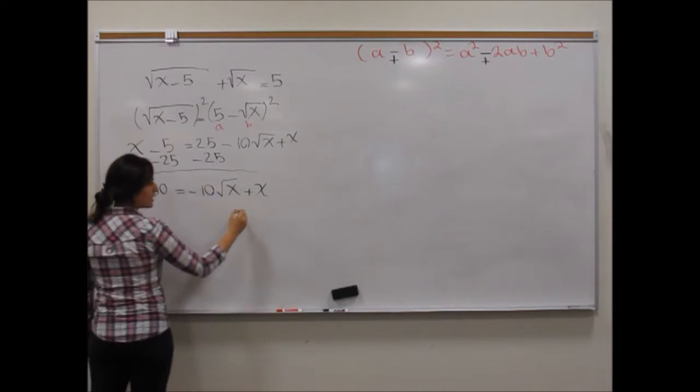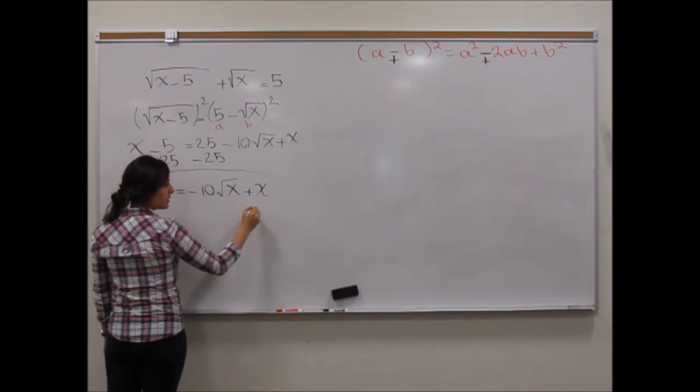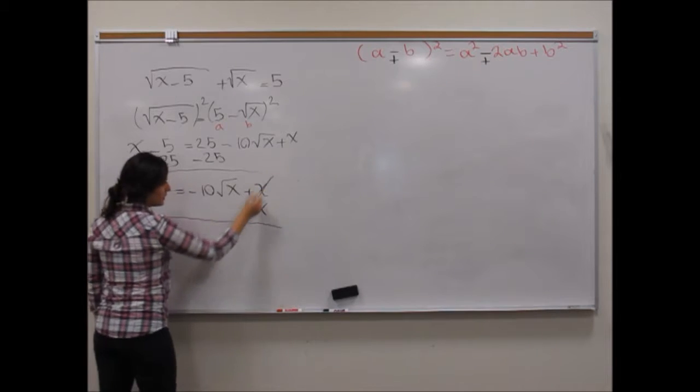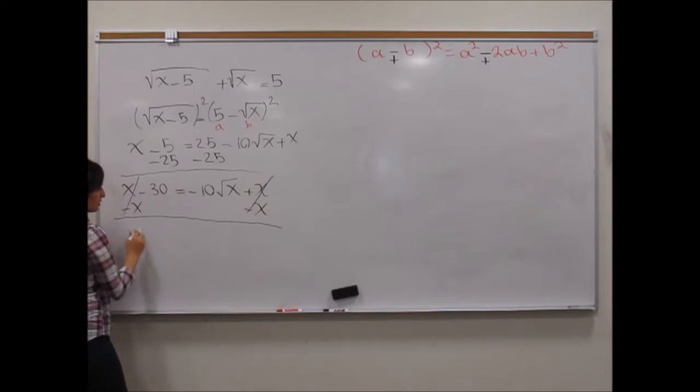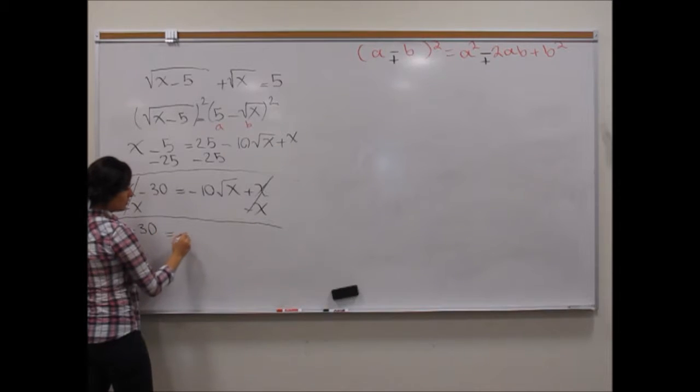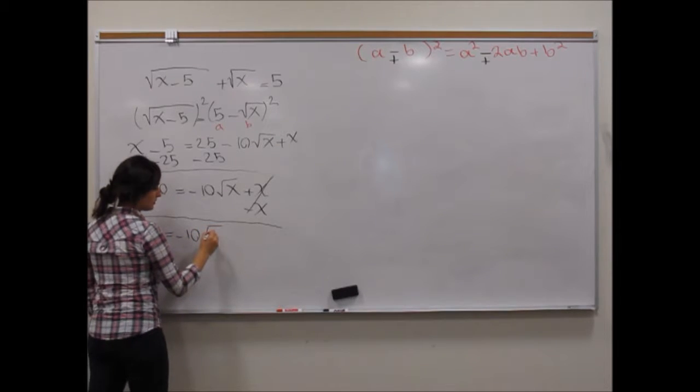And then minus x from both sides. These two would cancel, these two would also cancel, so I would have negative 30 equal negative 10 rad x.